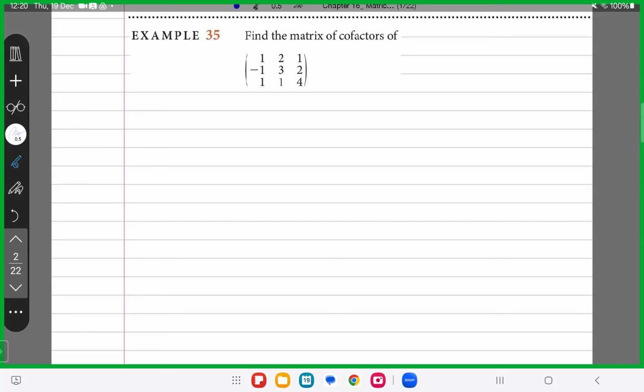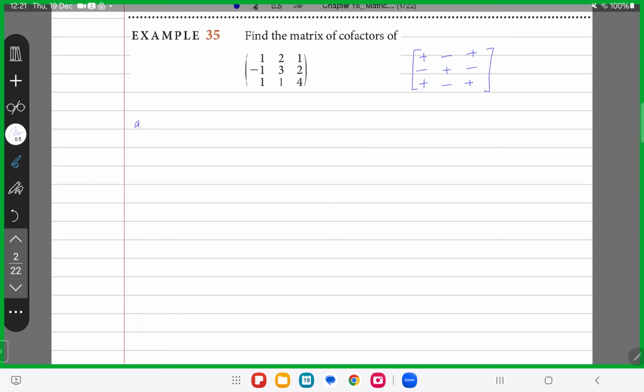The first thing I'm going to do is find the cofactor for every element in the matrix, and assign it the appropriate sign based on this pattern: positive, negative, positive, negative, positive, negative, positive, negative, positive. All right, so let's go.